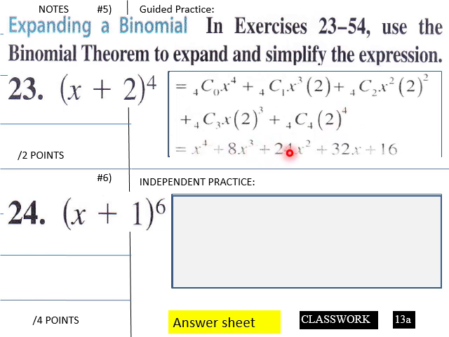When you expand this out, you come out with x to the 4th plus 8x cubed plus 24x squared plus 32x plus 16. So that would be your expansion from this. And you do the same thing down here, students. Hint, hint.